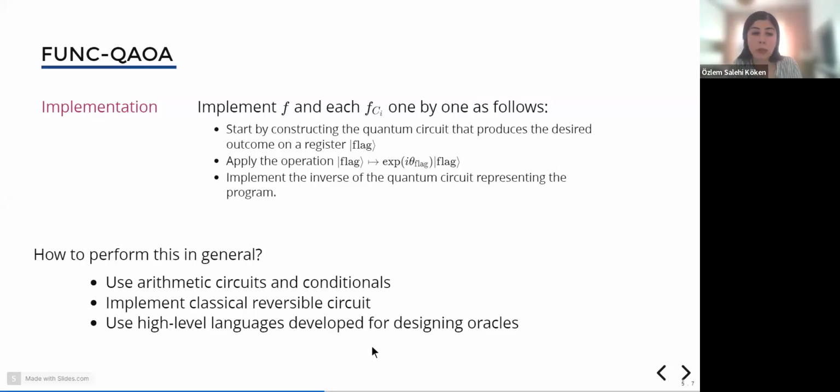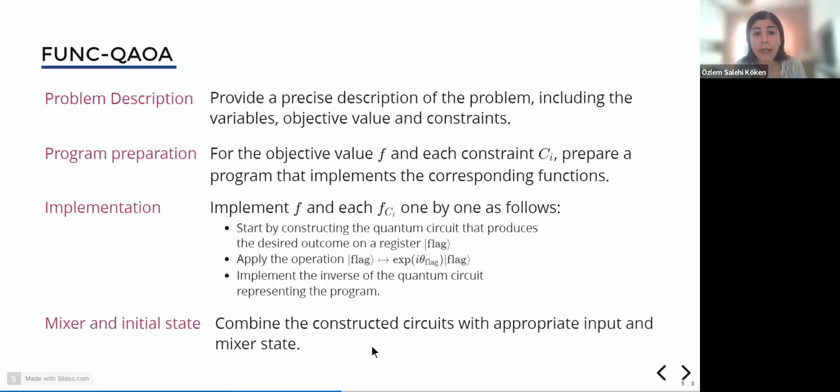Another method will be to implement a classical reversible circuit. Also, there are some high-level languages developed for designing oracles. One could also use such languages to design such circuits. And then the final step is to combine this with an appropriate input and mixer state. And this is Functional QAOA.